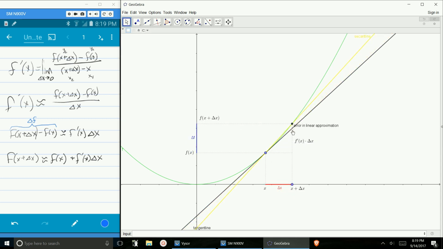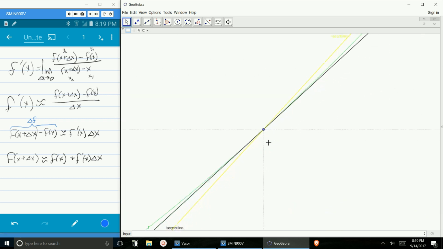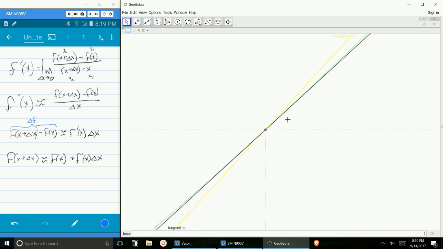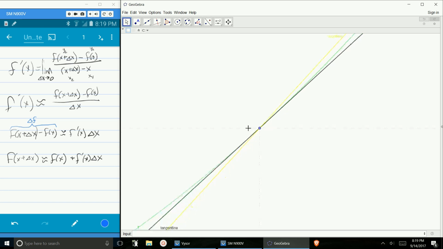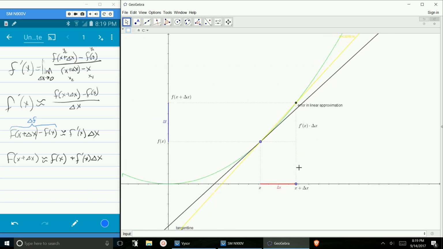Okay, and this little error is pretty small as long as you choose a small enough delta x. As long as you don't move too far away, then you're in flatland, right? As long as your delta x is really small, then you can pretend the curve is flat. It's locally flat. It's only globally curvy.